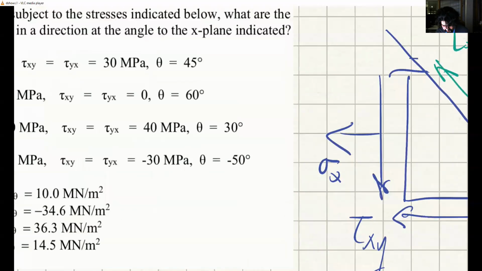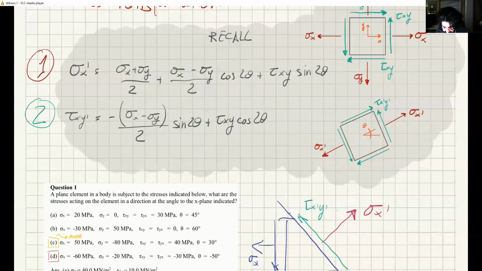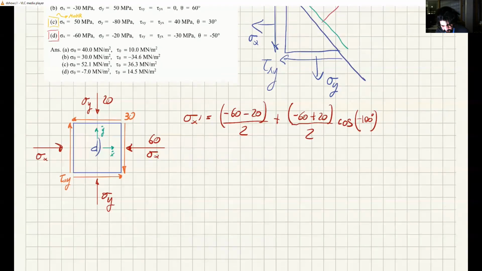So we want the cosine of 2 theta, which means the cosine of minus 100 degrees. Remember, these are degrees. Don't use radians in your calculator. Plus tau xy sine of 2 theta.